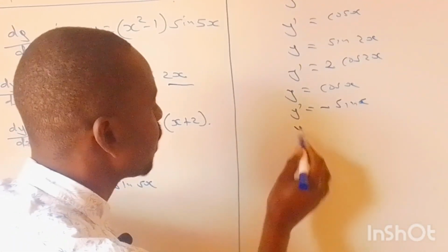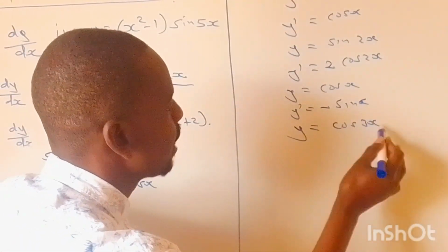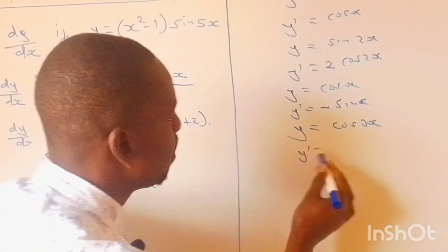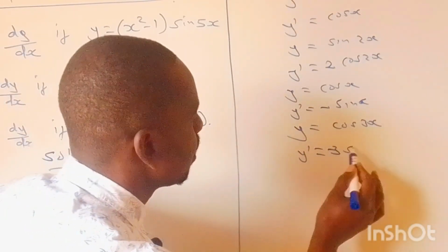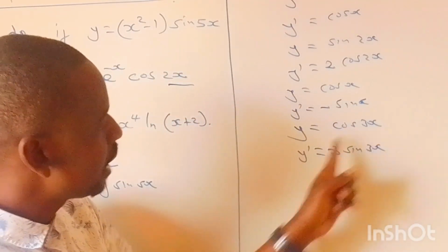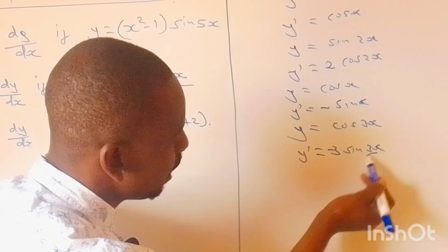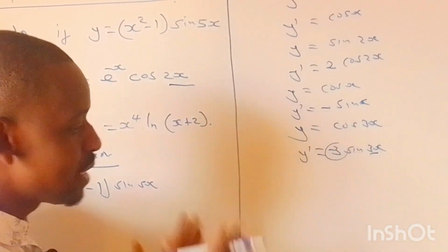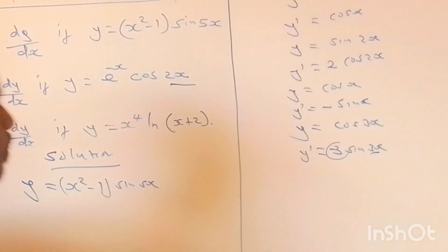Again, if we have a function y is equal to cos of 3x, then the derivative of that is simply negative 3 sine of 3x. You see, the negative becomes here, sine of that 3x. So the value here, you multiply by that. That is what you're supposed to know before we go here.